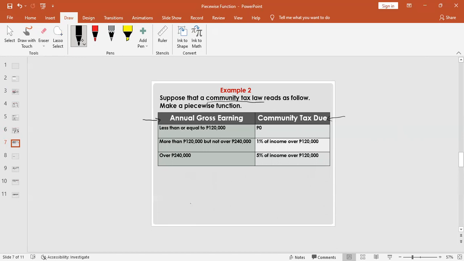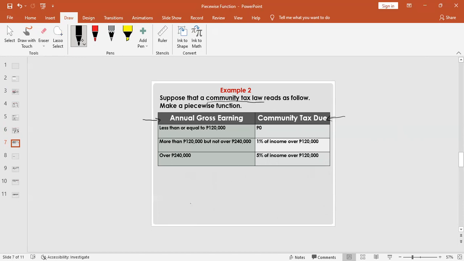Halos parehas lang naman, pero ito kasi annual. When we say annual, taunan, kabuoang taunang sweldo mo. Okay? And ito naman ay yung community tax due or income tax. Pero again, taunan tayo dito.